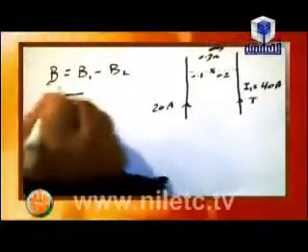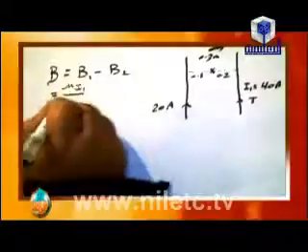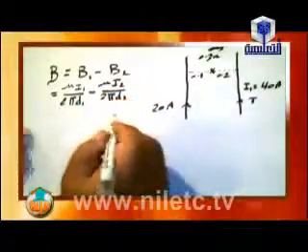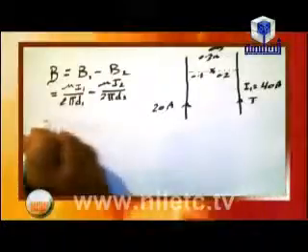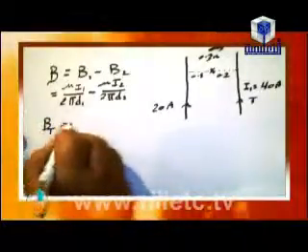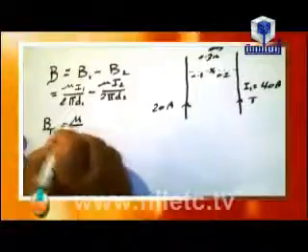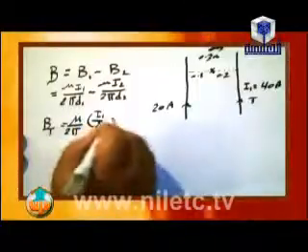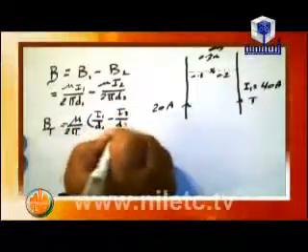First, when the current passes in the same direction, B total equals B1 minus B2. B1 equals mu I1 over 2 pi D1, minus mu I2 over 2 pi D2. Then B total equals mu over 2 pi times I1 over D1 minus I2 over D2.